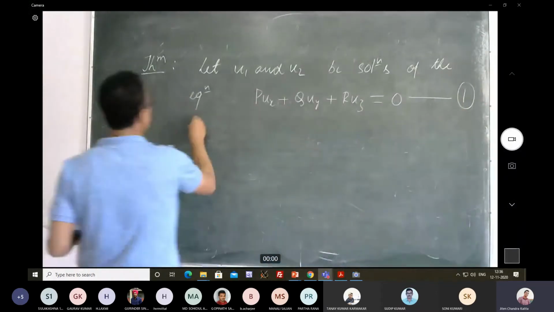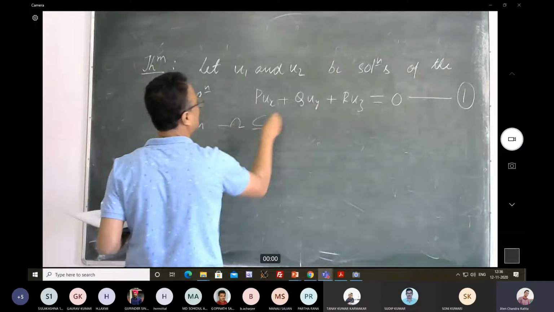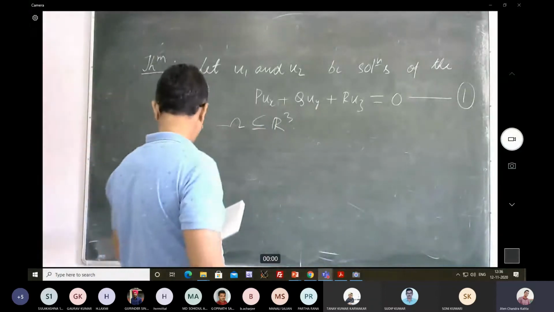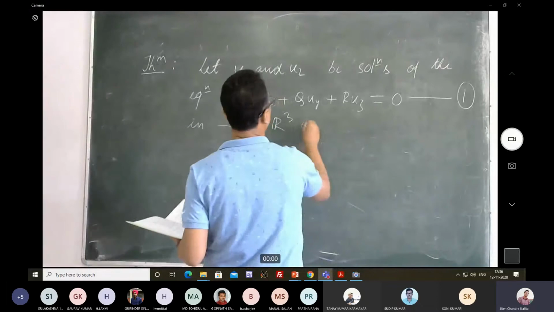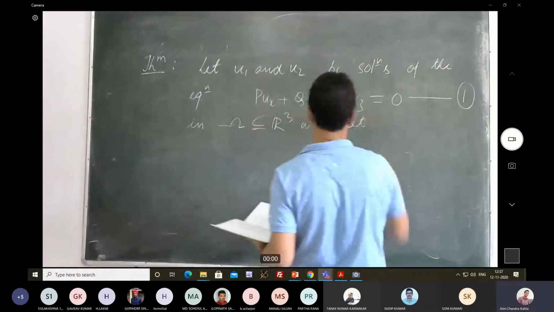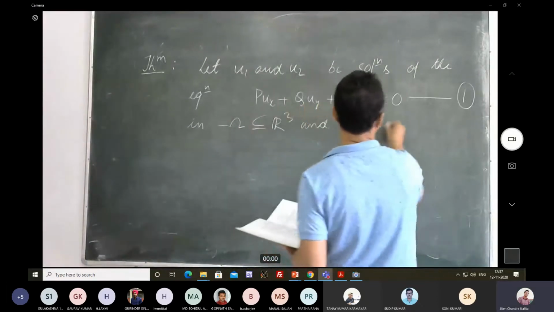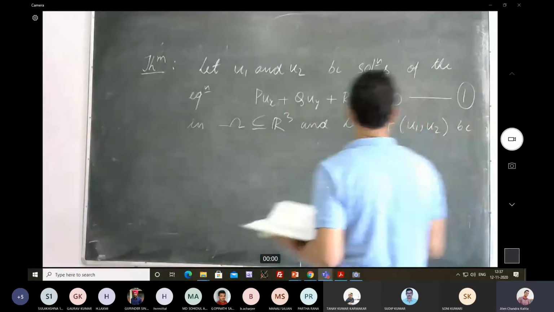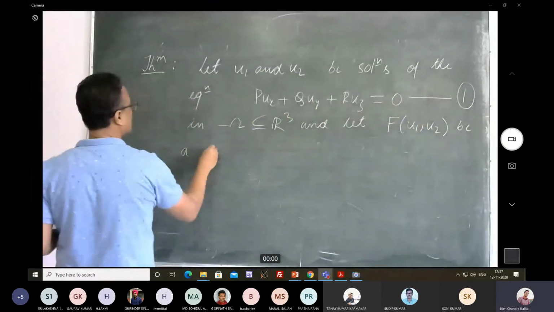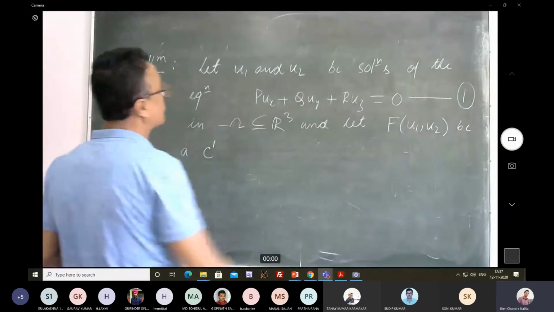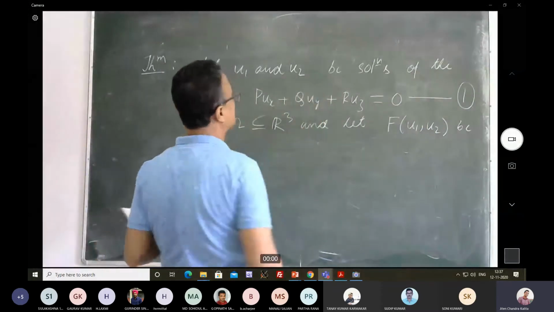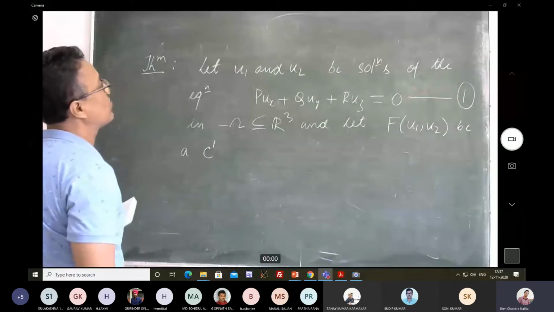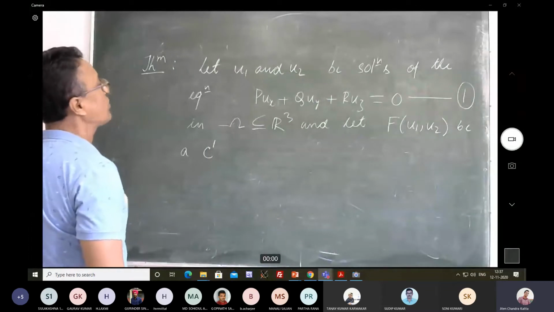And in some domain Omega in R3, and of course, here I am assuming that at least one of PQR is non-vanishing.